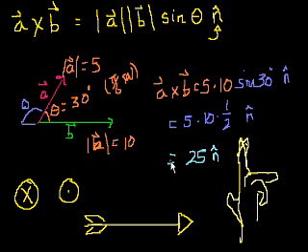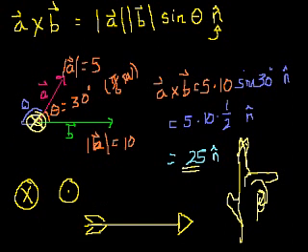Then I put my middle finger and make an L with it, almost like you're shooting a gun. I point that in the direction of B, and then whichever direction your thumb faces. In this case, your thumb is going into the page, right? Your thumb would be going down if you took your right hand into this configuration. So that tells us that the vector n points into the page. So the vector n has magnitude 25, and it points into the page. So we could draw it like that with an X.